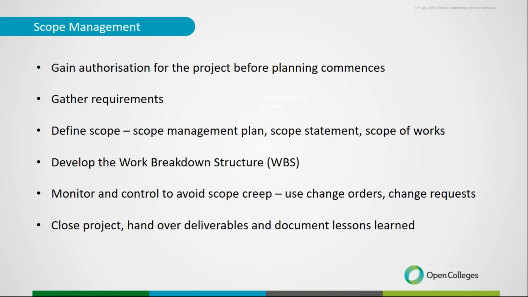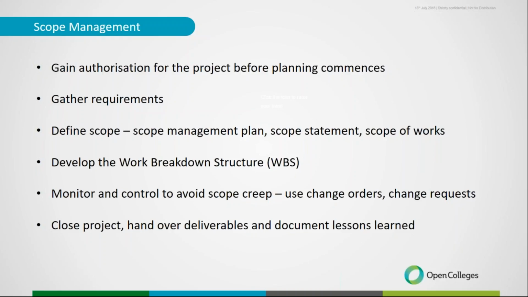We formally make a change, say this is what we want to happen, this is the impact it's going to have, and then we seek authorization from the project sponsor, and then from there we can then formally make those changes to the budget and the schedule and that kind of thing.